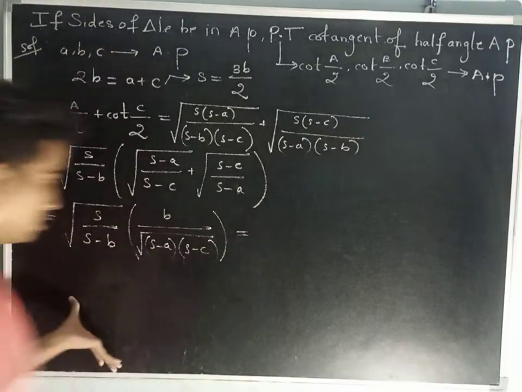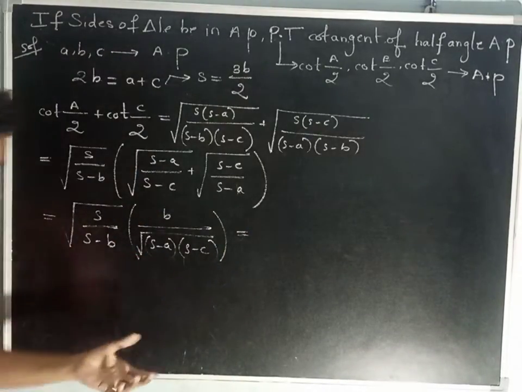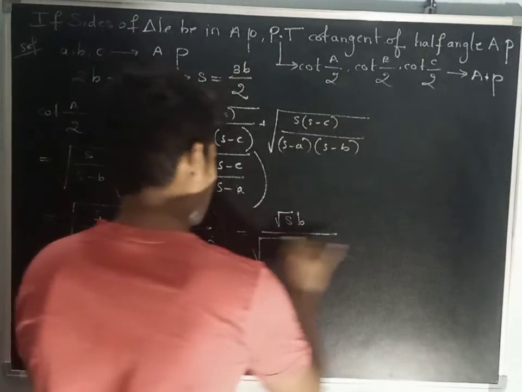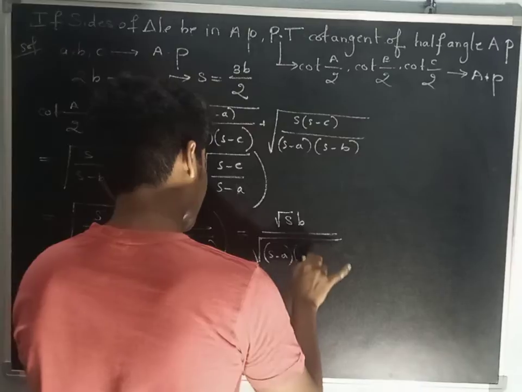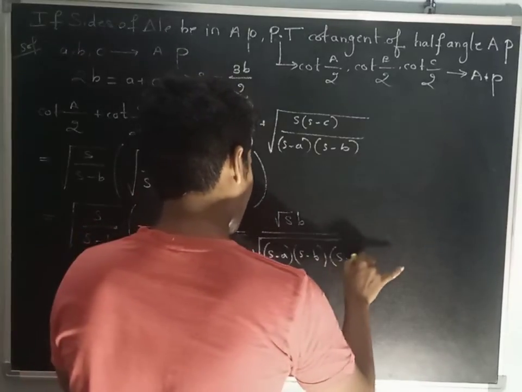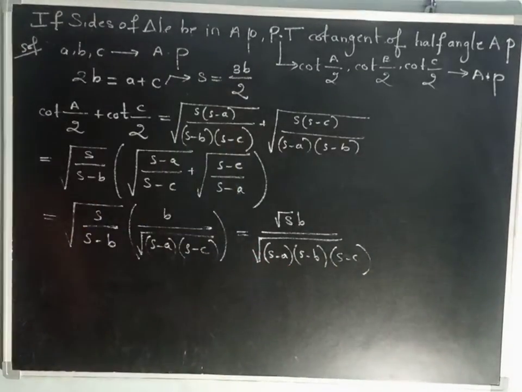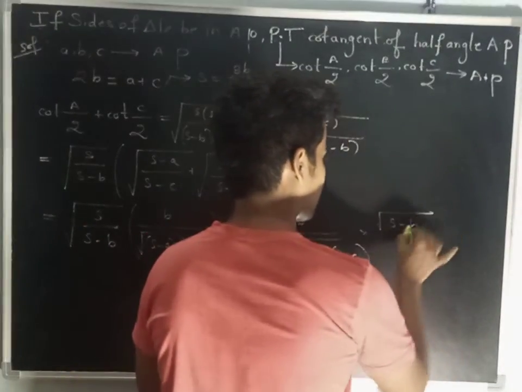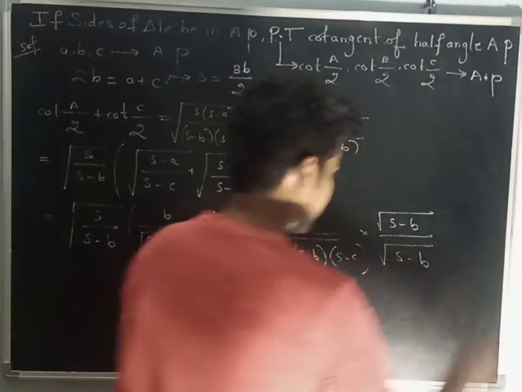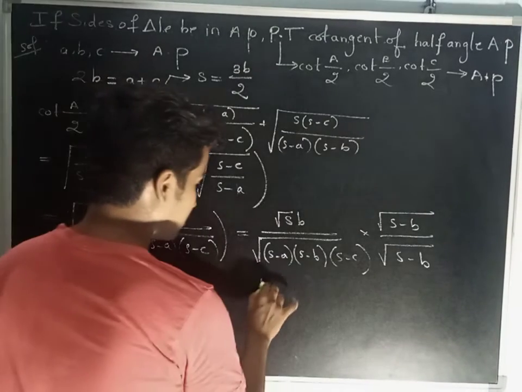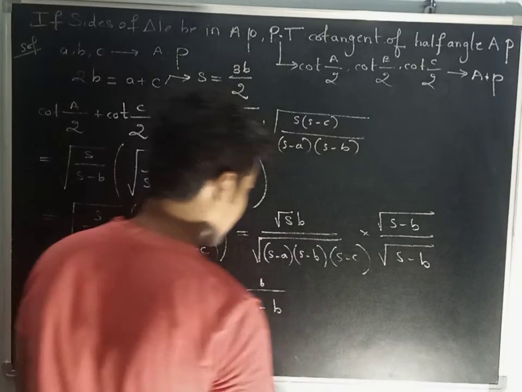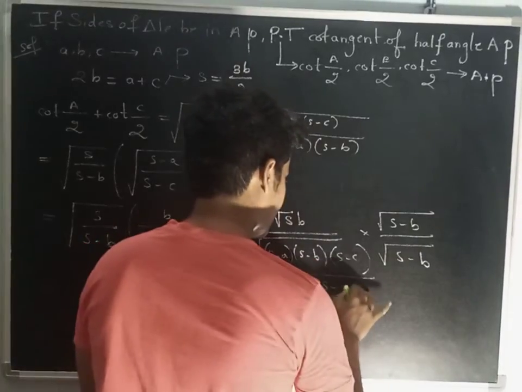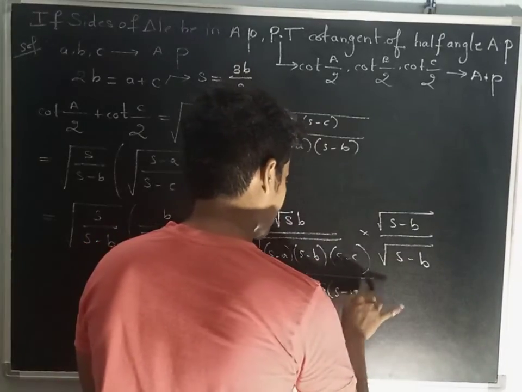So what I am going to get is b root s by root of (s - a)(s - b)(s - c). Now let me multiply both numerator and denominator by root of s minus b.